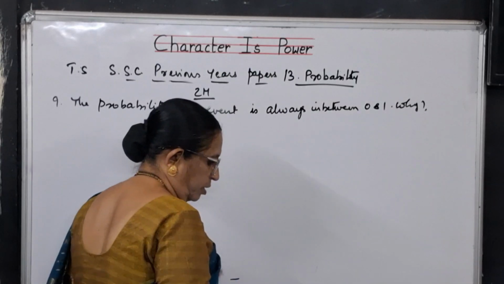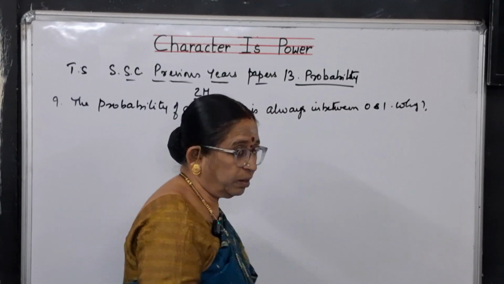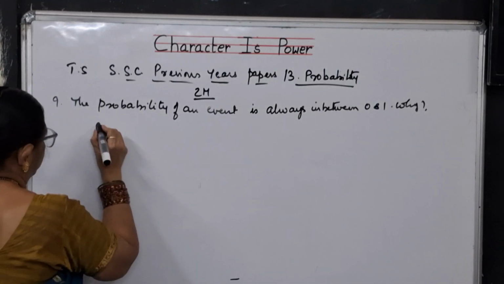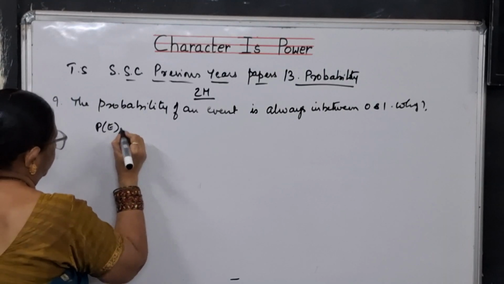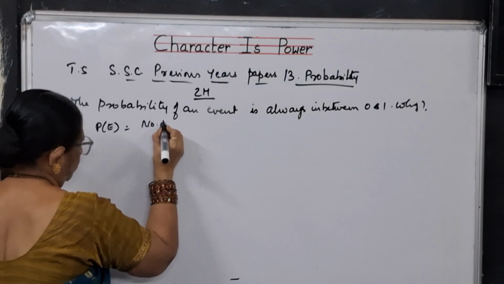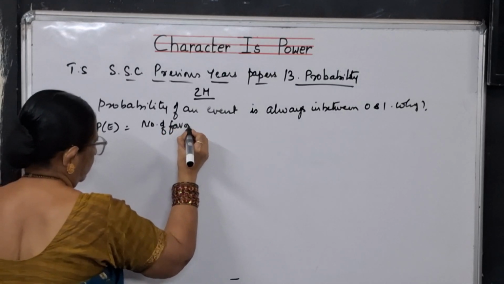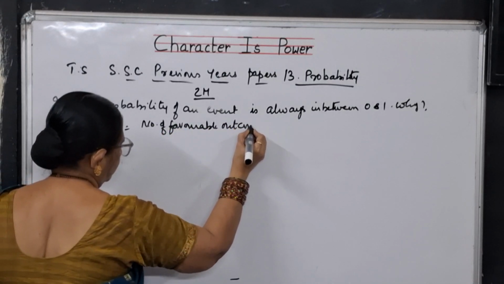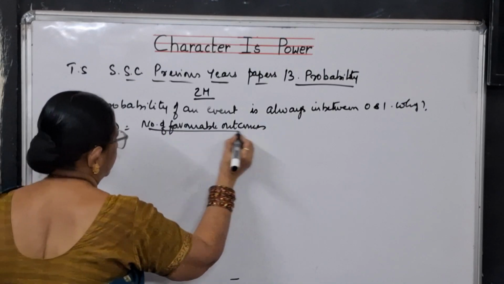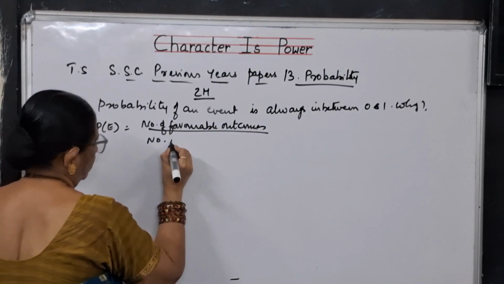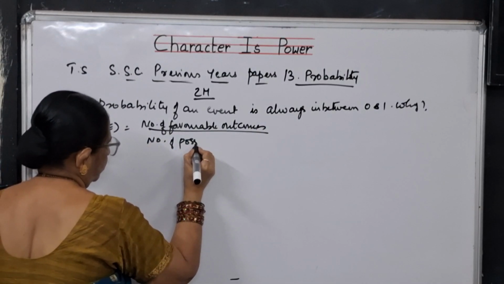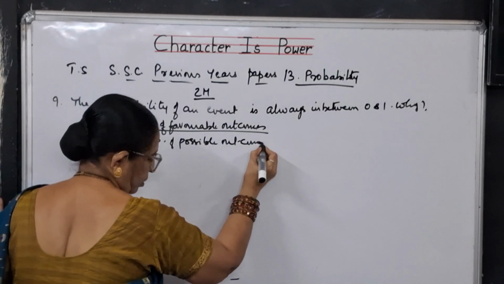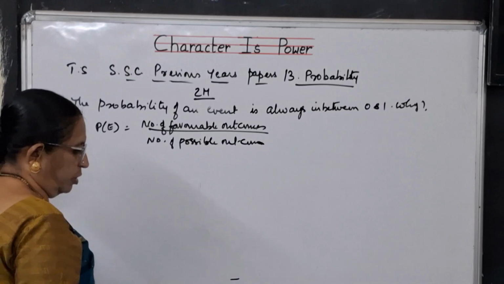Why? The reason is, what is the probability formula, children? Probability of any event is the number of favorable outcomes by the number of possible outcomes. This is the formula, children.